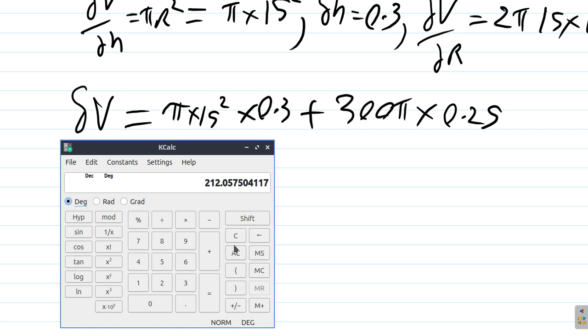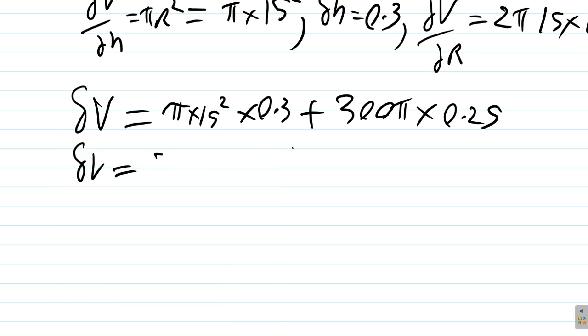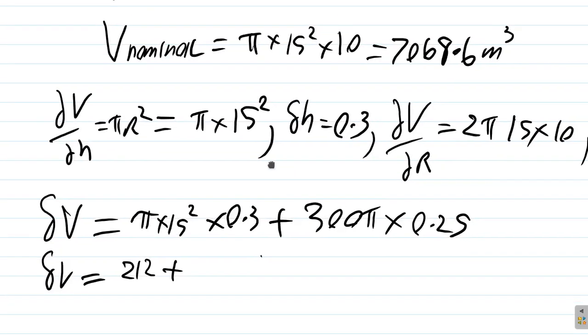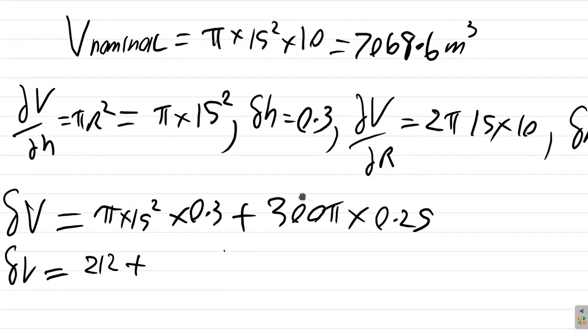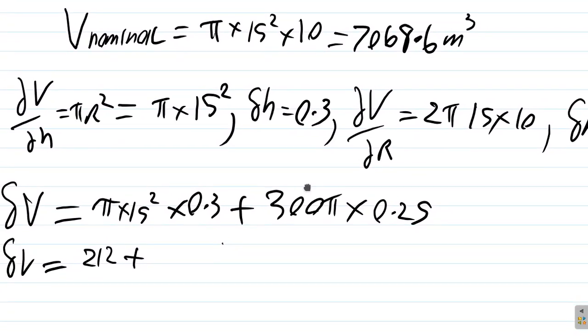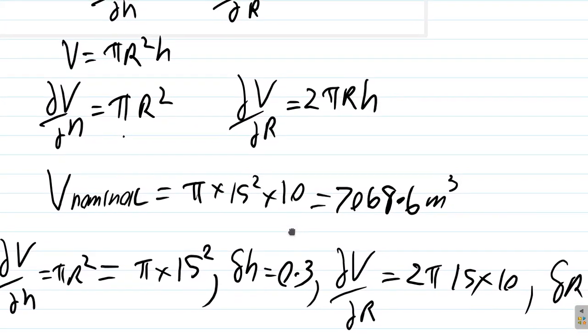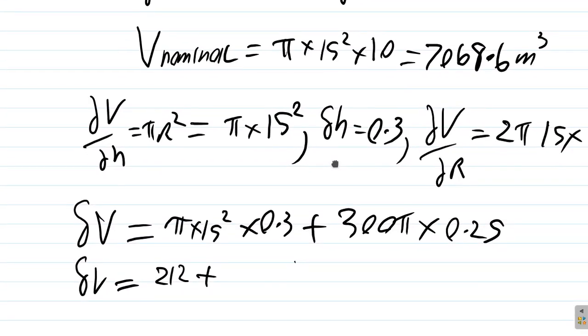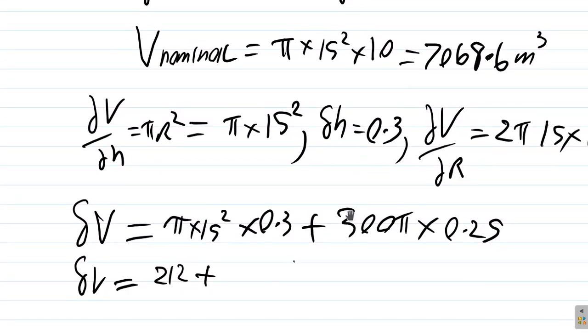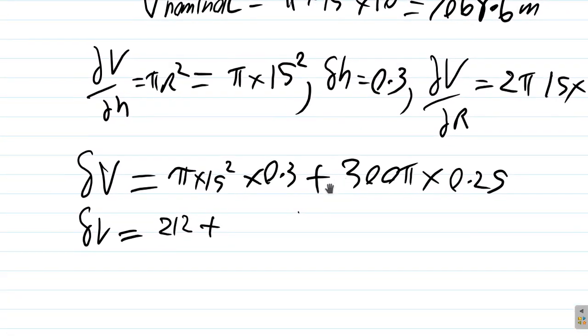So that's 212. So I have 212 plus, alright, so here now, 300 pi by 0.25. Okay, good.